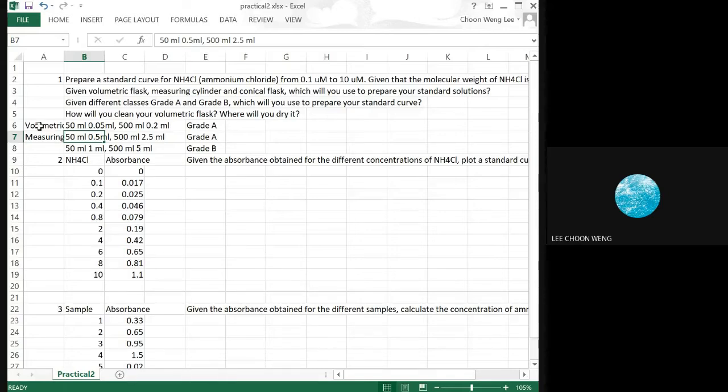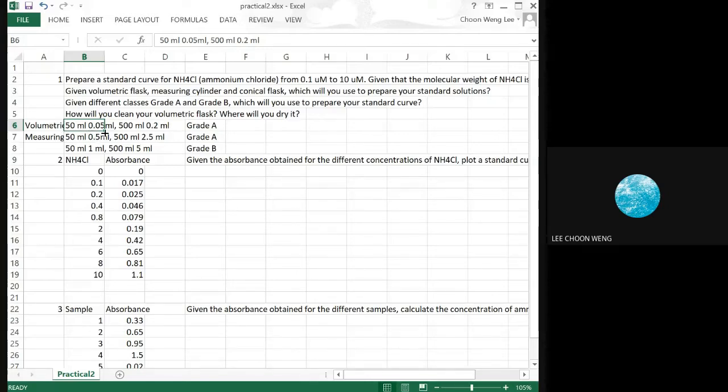However, if you look at a grade A volumetric flask, if it's a 50 mL volumetric flask, it's plus minus 0.05 mL accuracy. Whereas if it's 500 mL, it's plus minus 0.2 mL accuracy. So from here, immediately you can see why you should use only the volumetric flask when preparing standards.